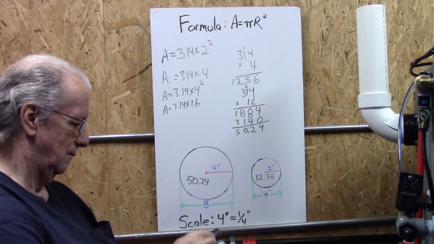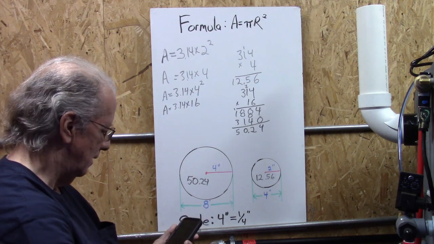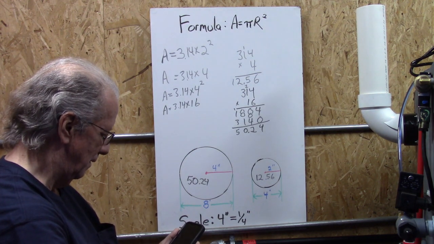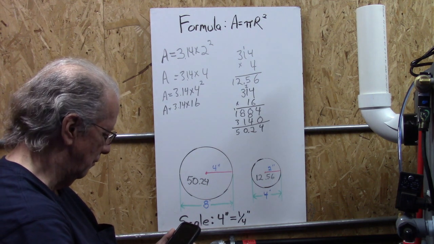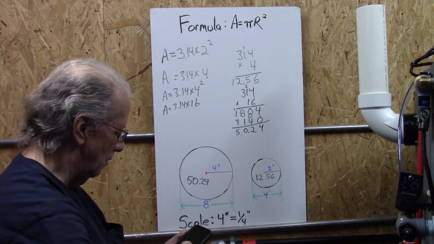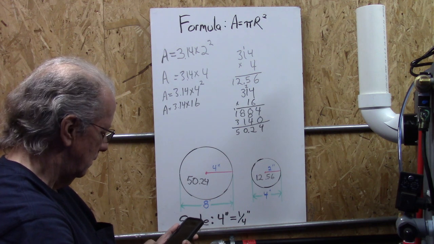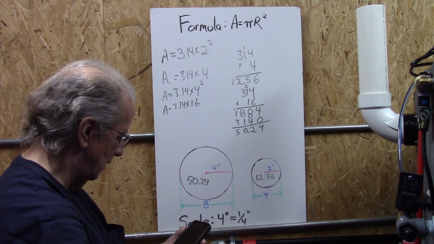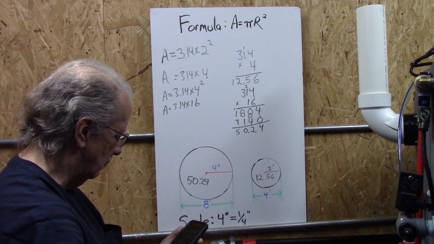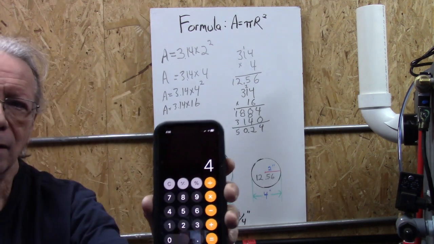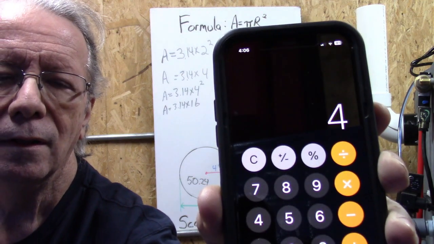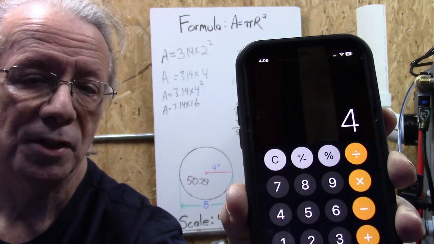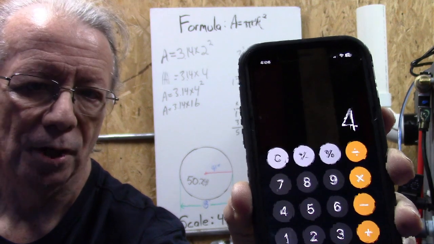We're going to take 50.24 and divide it by the smaller number, 12.56. The 1/2 inch hose is 4 times larger than that 1/4 inch hose.